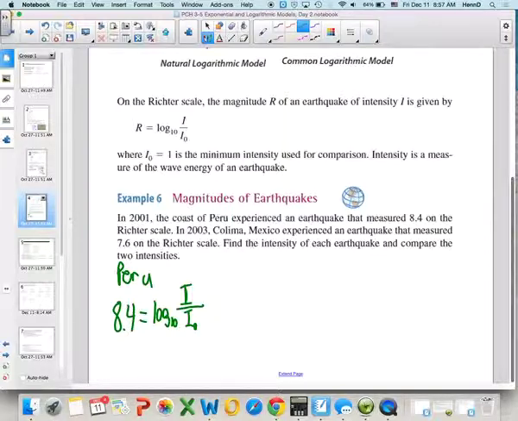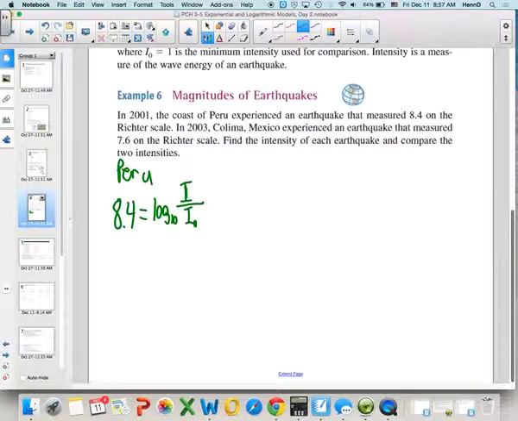alright, how would I solve for I? Isolating it? Yeah. How? Log 10 I minus log 10 I sub 0. We could do that, split this into two logs. There's a little simpler way though here. You would say 10 to the power of both sides. Okay, good.